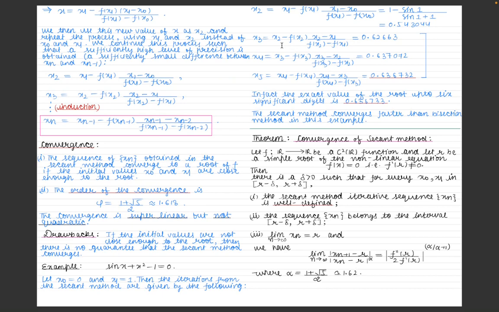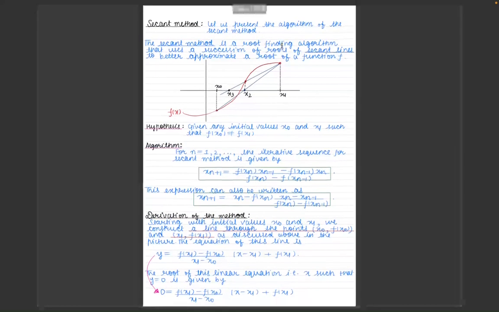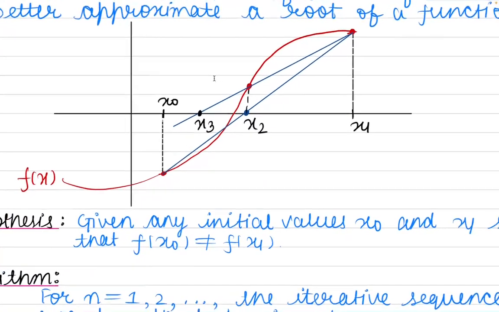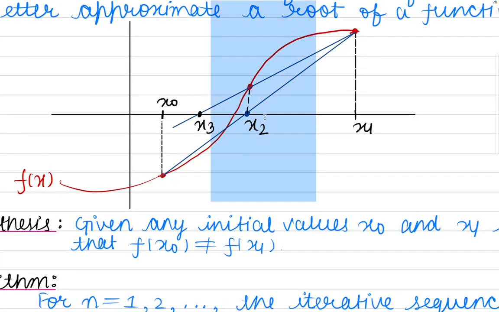Okay, and this line intersects the x-axis at some point, and the point of intersection is your next iteration, say x2, and again you join x2 and x1. Again you join f of x2 and f of x1.